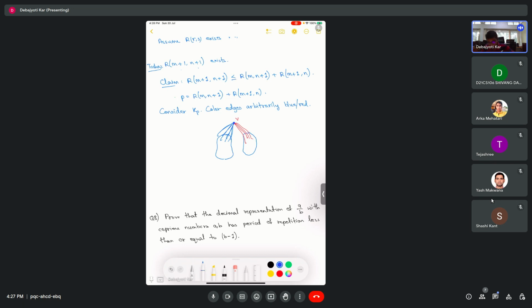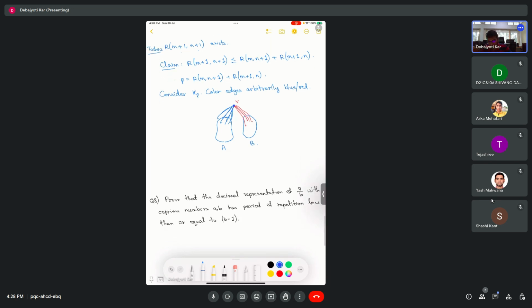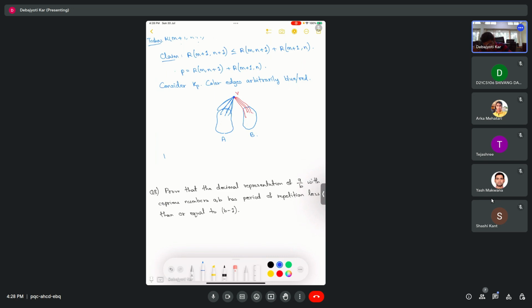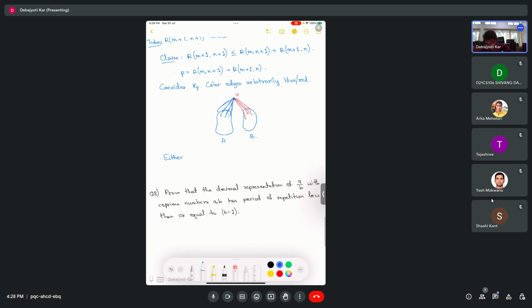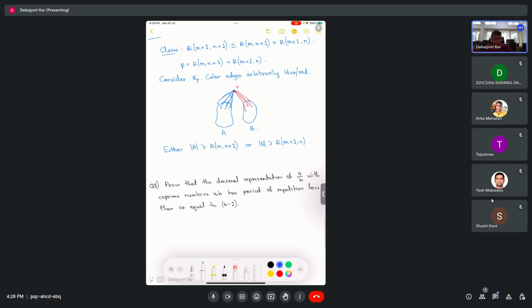Let us call this set A and this set B. Then my claim is that either the size of A is at least this or the size of B is at least this. So one of these two conditions must hold.